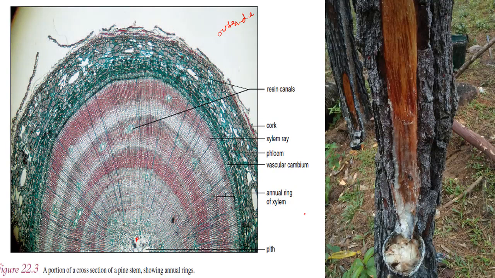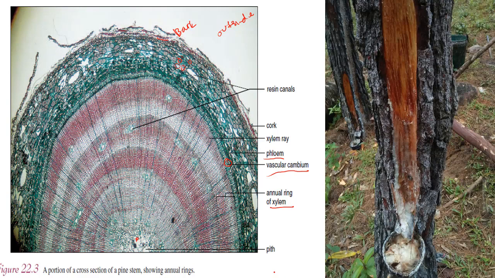From the outside, we will always find bark, and then under the bark, or the epidermis if it is a young stem, you will have a cortex, and after the cortex you will find phloem, and then the vascular cambium. So it is almost similar to the dicot, right? Under the vascular cambium, you will find xylem. So literally, it's almost similar.